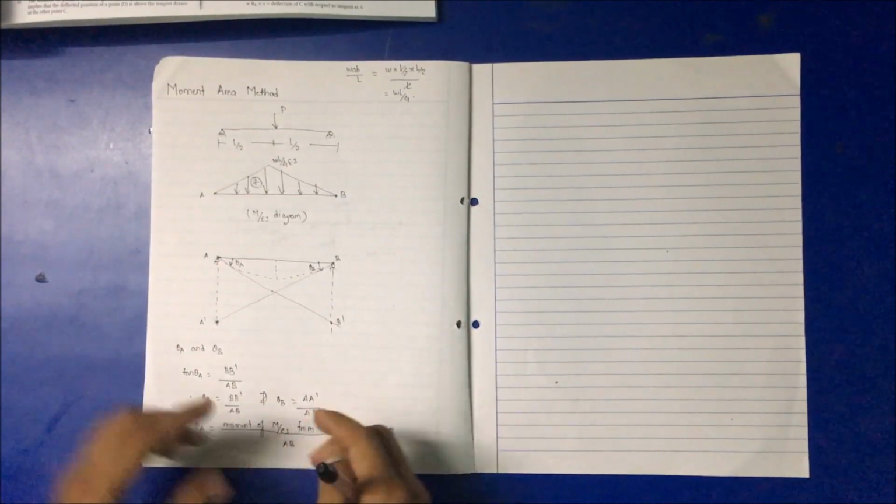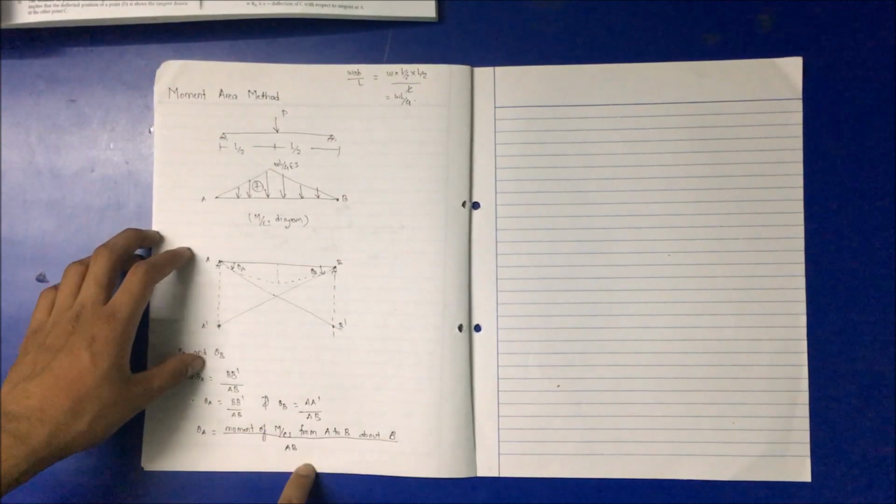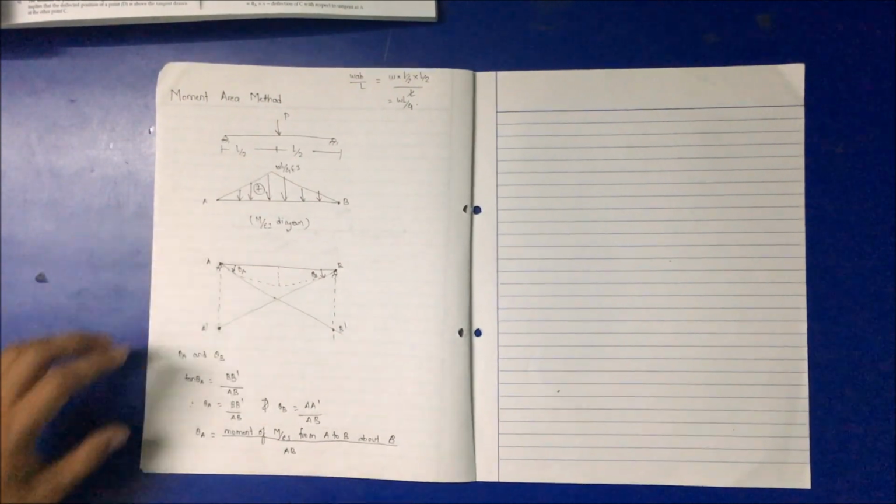And for AA dash, it is the moment of the M by EI diagram from A to B about A.